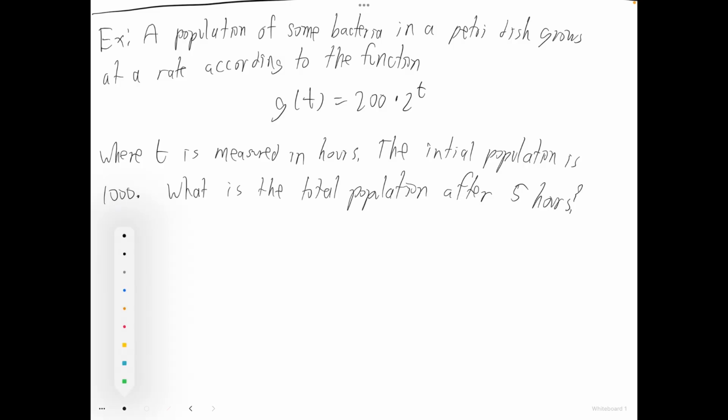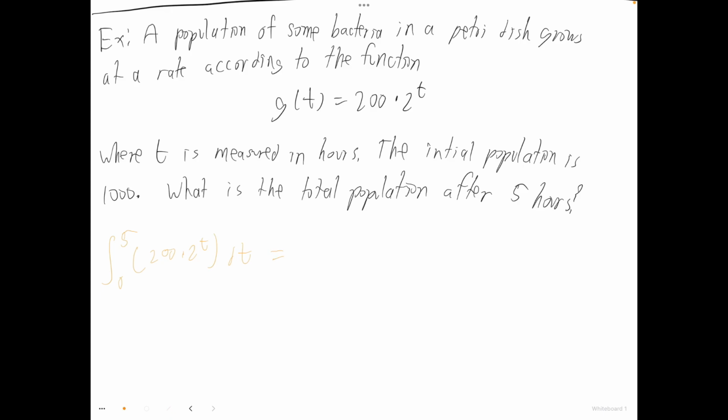And so first we want to figure out the net change in population, which will be the integral from 0 to 5 of our rate of change, which was 200 times 2 to the t dt. And so this will give us our net change.